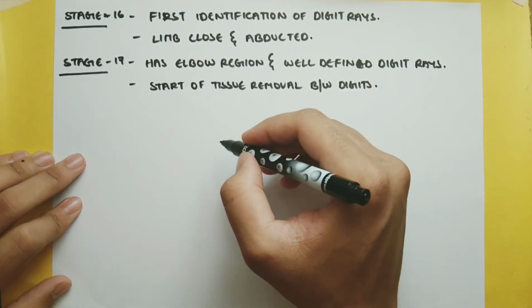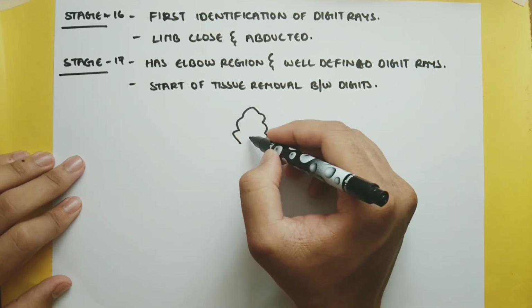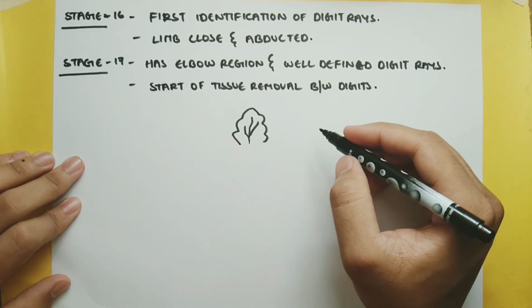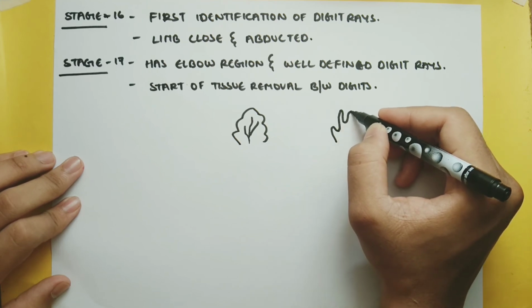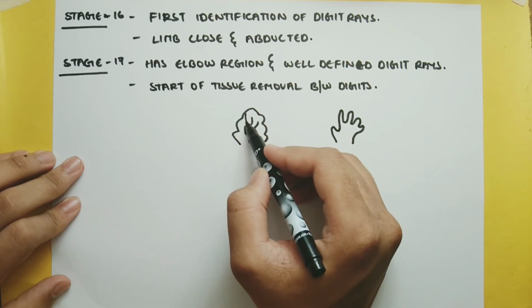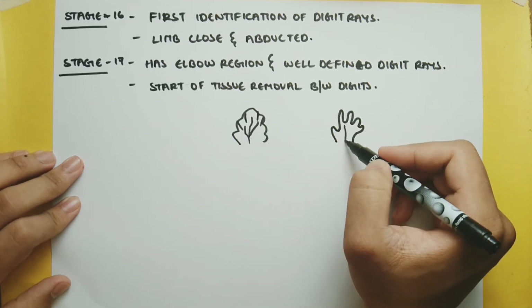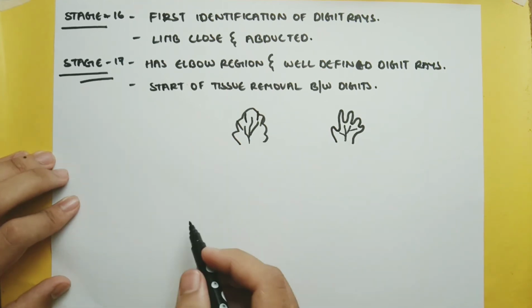Up to stage 16, the limb bud will be like this, only with some blood vessels and all. After the stage 17, the tissue removal takes place between these regions. The hand development takes place after the stage 17.